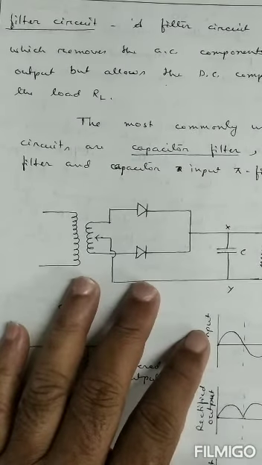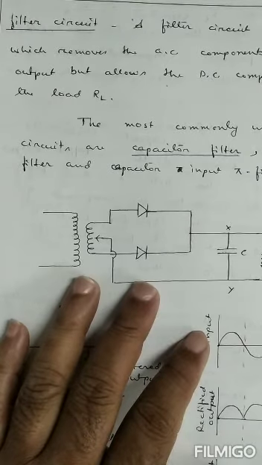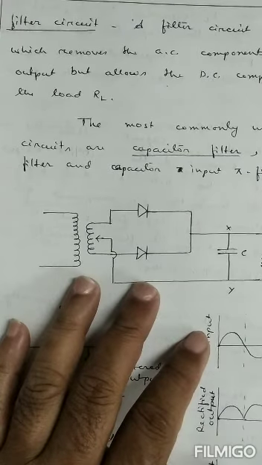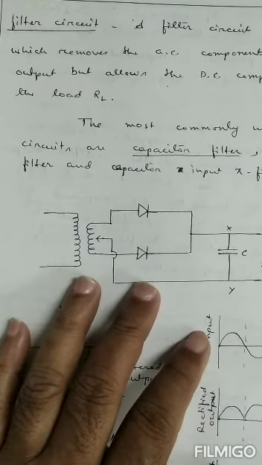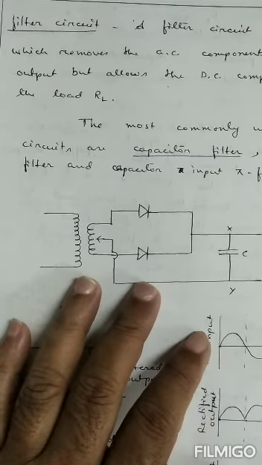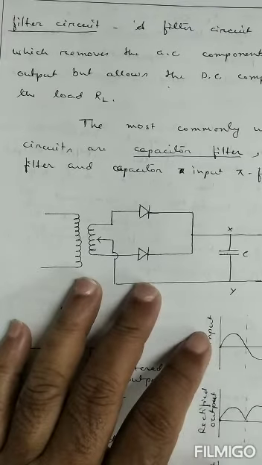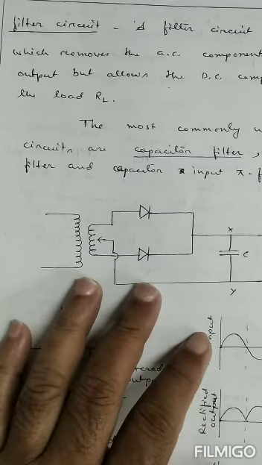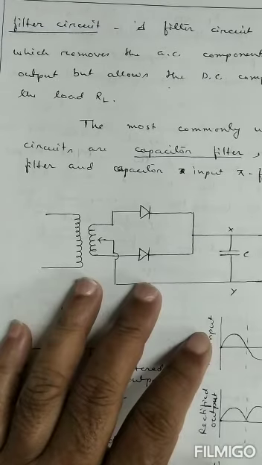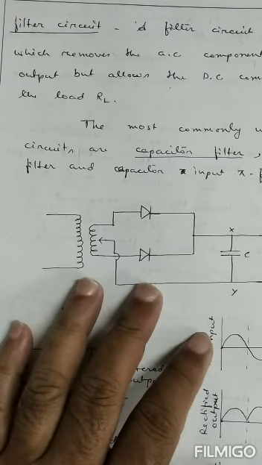A filter circuit is a device which removes the AC component of the rectified output but allows the DC component to reach the load.